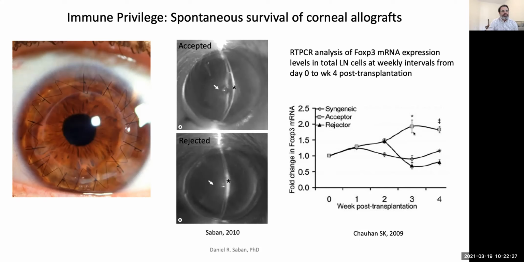And what he found was that in accepted mice, they had an increased expression of FOXP3. That's a marker of T regulatory cells. Whereas in the rejector, you can see that this is substantially lower. And they went on to show that these Tregs are actually allospecific suppressors of effector T cells. So there is a form of immune tolerance. That's checking off our list of systemic immune tolerance initiated by the graft.